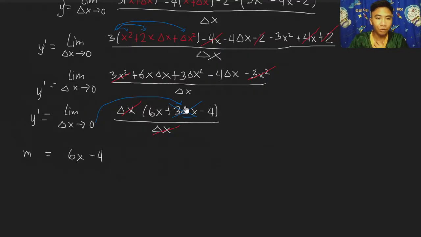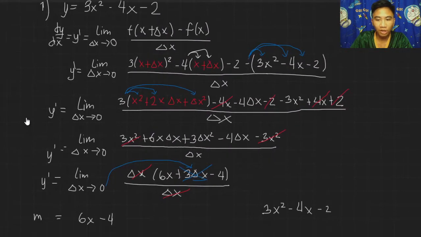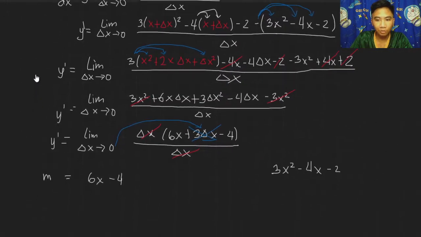Shortcut naman tayo. Shortcut method. So, paano ba yung shortcut? So, 3x squared minus 4x minus 2. So, yan ba yung given? 3x squared minus 4x minus 2.